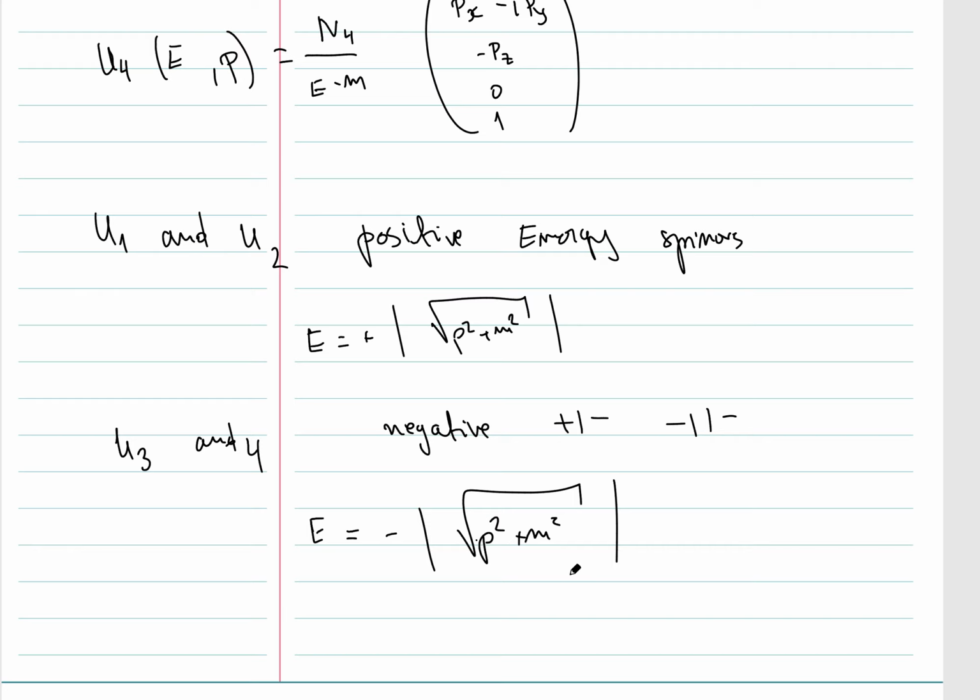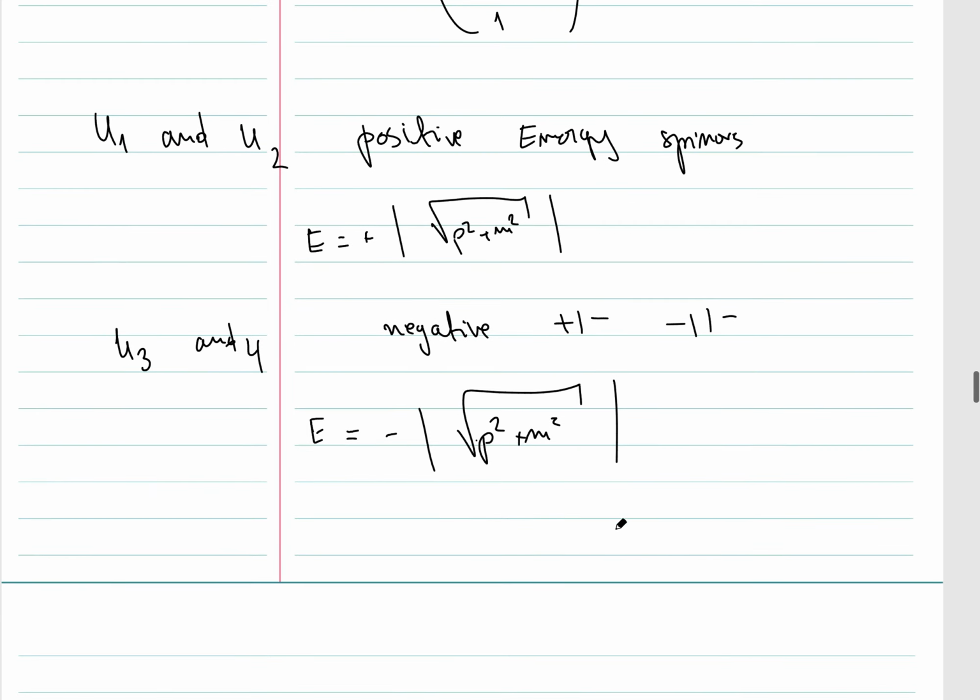So these are the four solutions to the free particle Dirac equation.